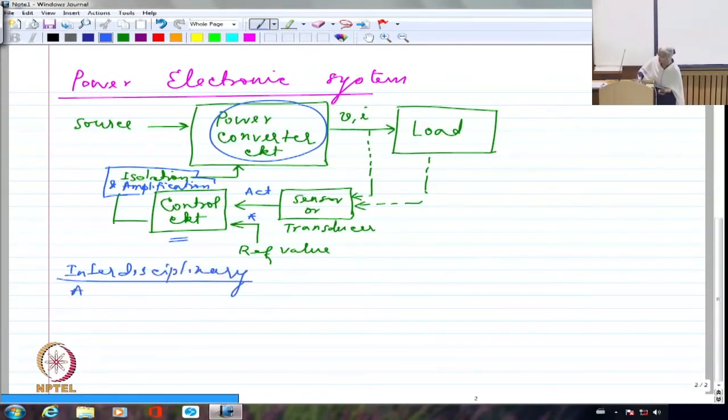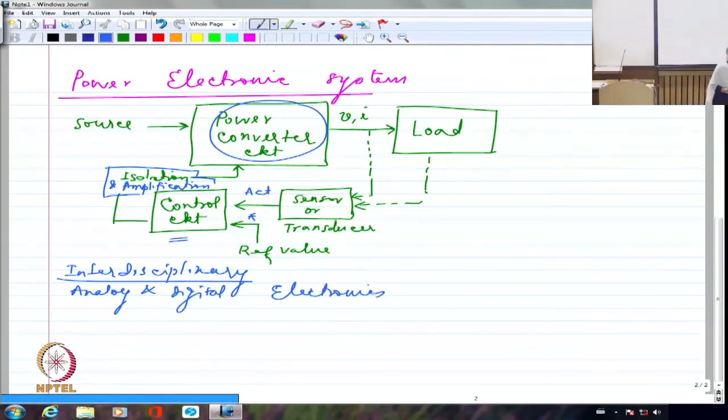I told you about analog and digital electronics. And these days we use a lot of computers, microprocessors and digital signal processors. So we need to know at least something about the assembly language and other internal machine language of the processors, at least to some extent. So we should know some amount of computer technology, right?